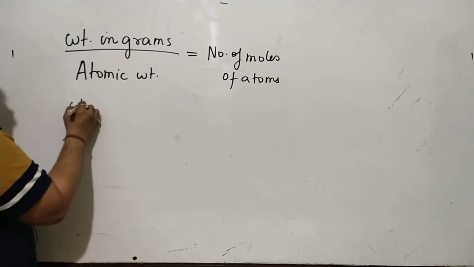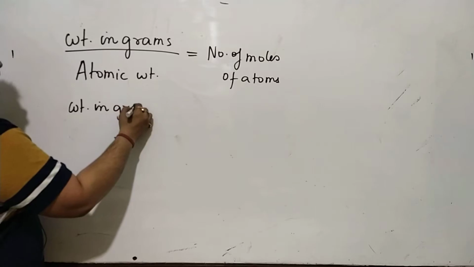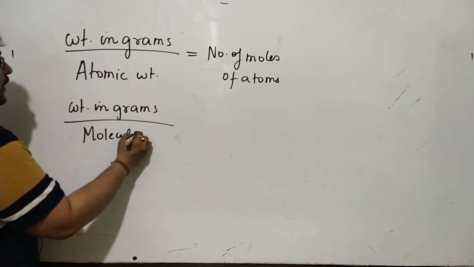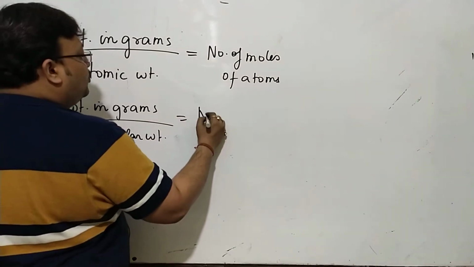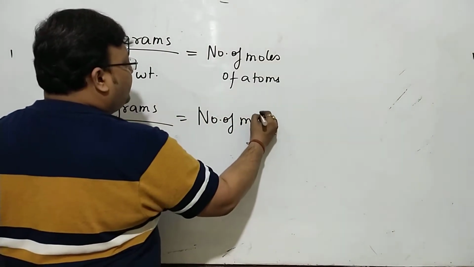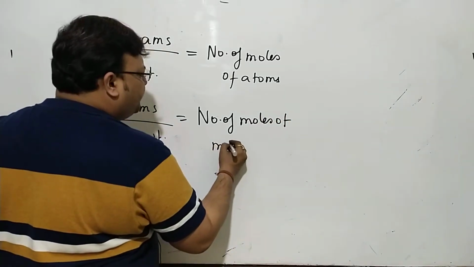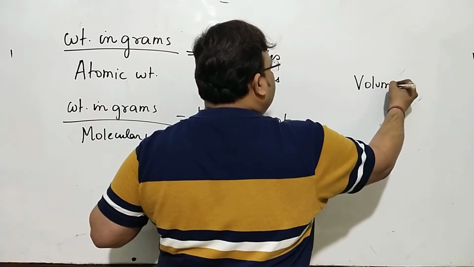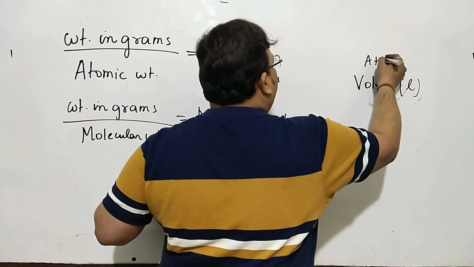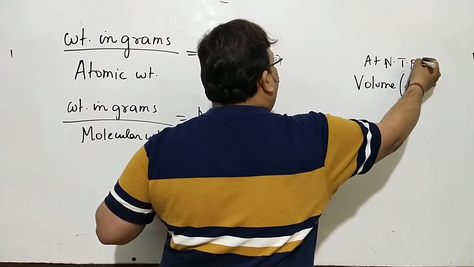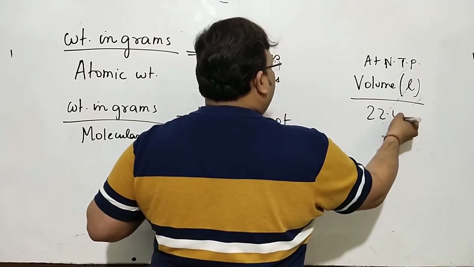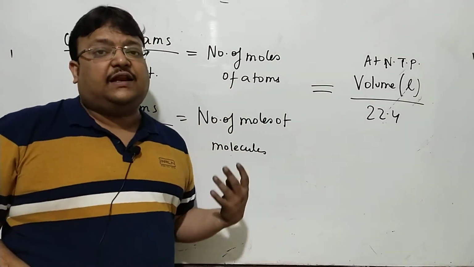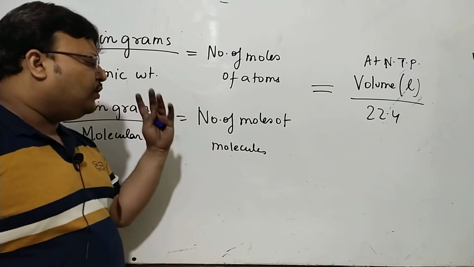Certainly, if you divide it with the molecular weight, it will give you the number of moles of molecules. And if you have a volume in liters at NTP, then you will want to divide it by 22.4, and this will give you the number of moles of atoms or molecules, depending whether the gas is elemental, an inert gas, or a molecular gas.